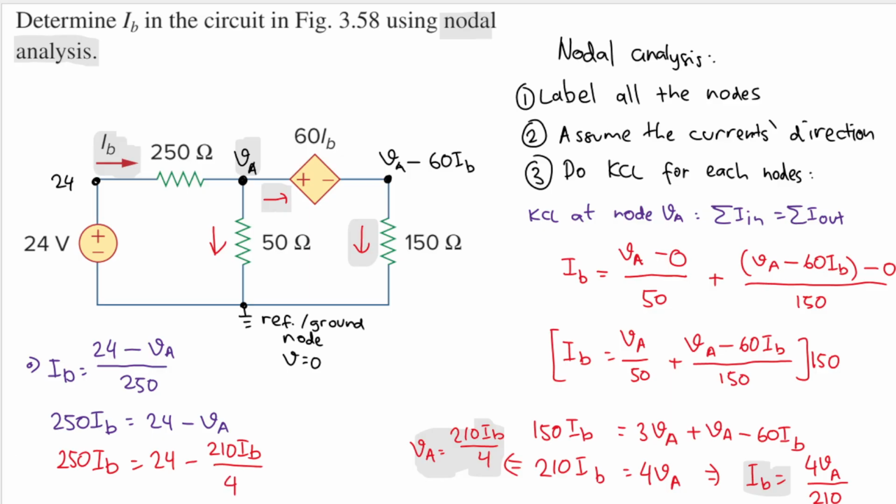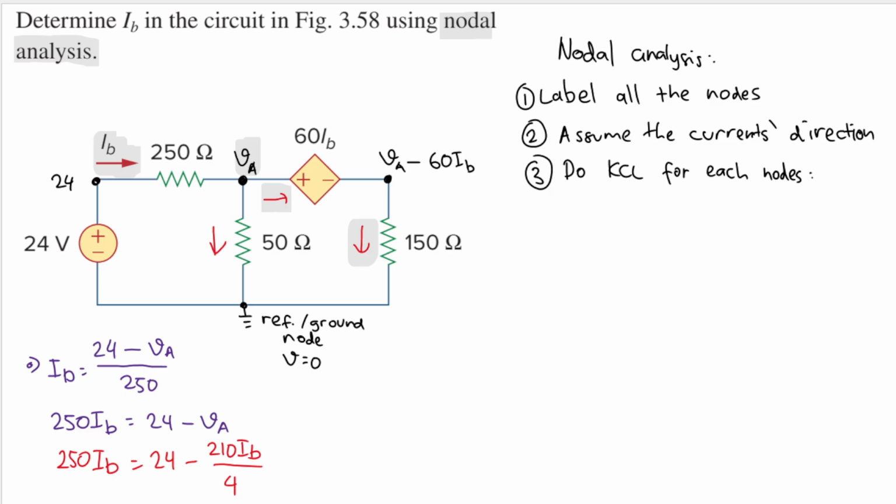Maybe let's clean up something first. We can multiply both sides by 4 to get rid of this 4. So I will have 1000 IB on the left-hand side, and that will equal 96, since 24 multiplied by 4 is 96, and then minus 210 IB.